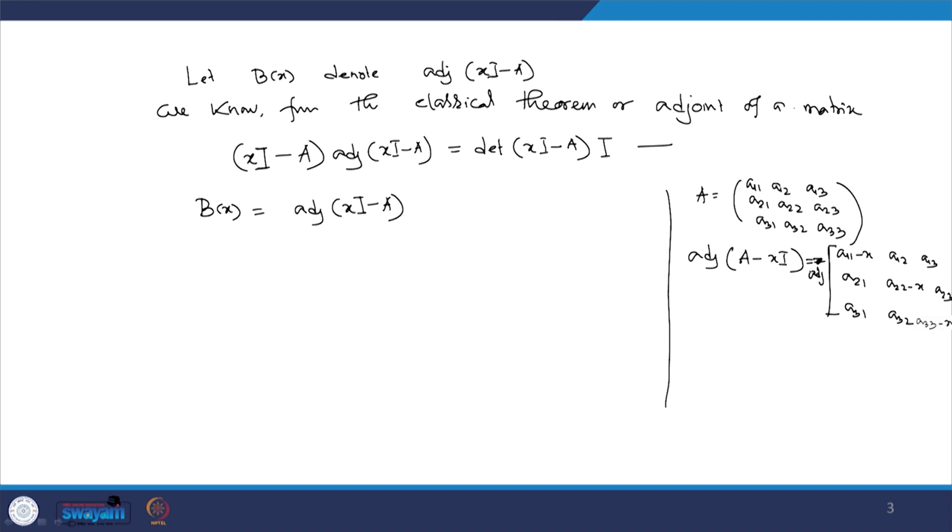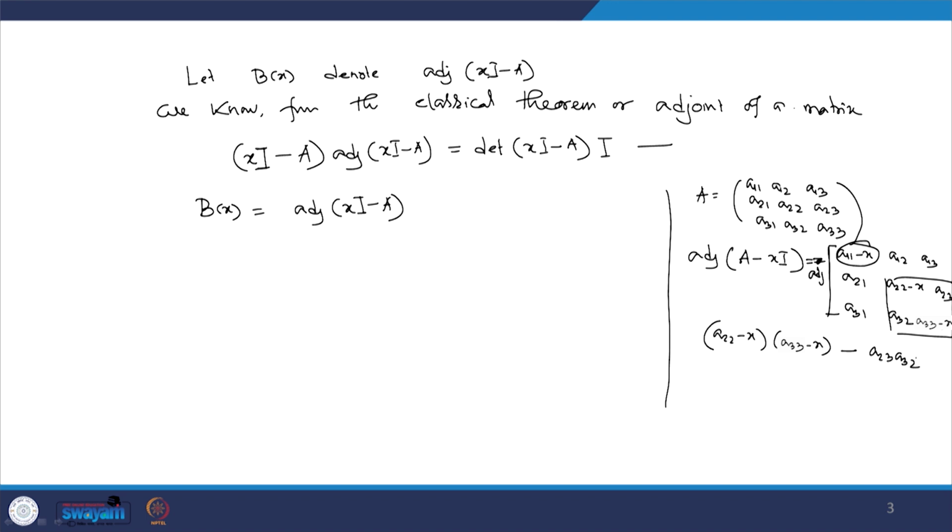Okay. So, I have to see what is the cofactor of A11. The cofactor of this quantity will be the determinant of this minor matrix. So, I will have (A22 minus x) into (A33 minus x) minus A23 into A32.